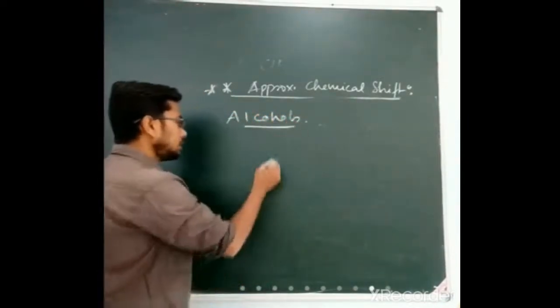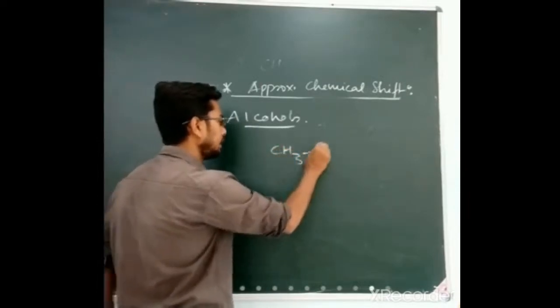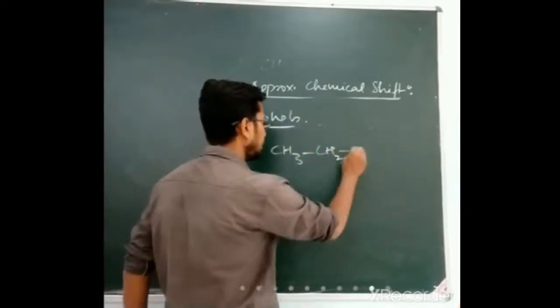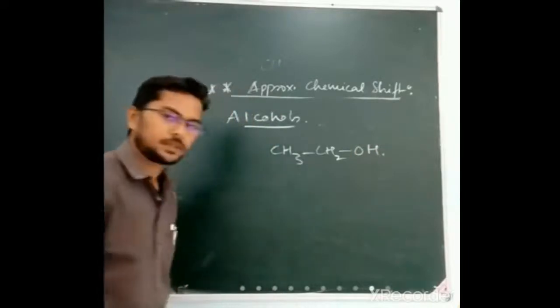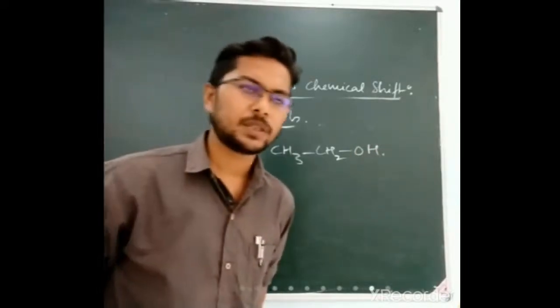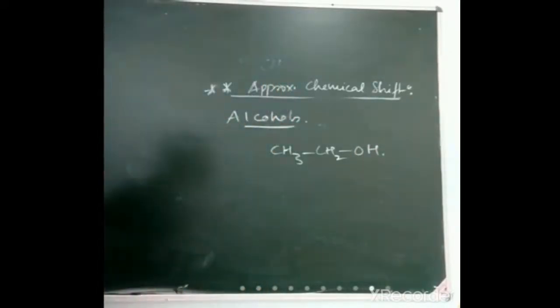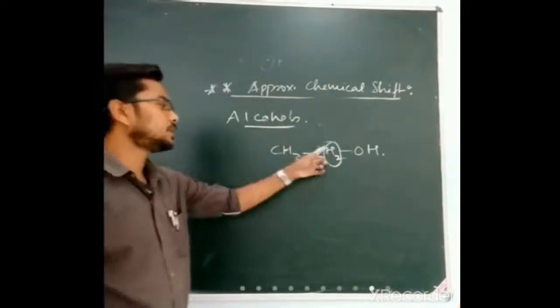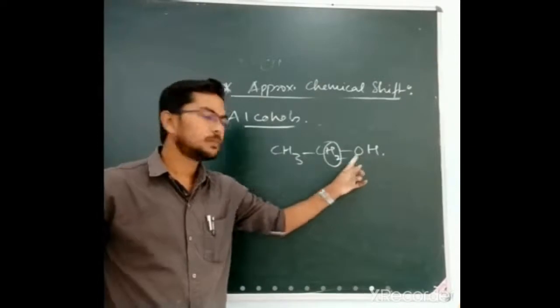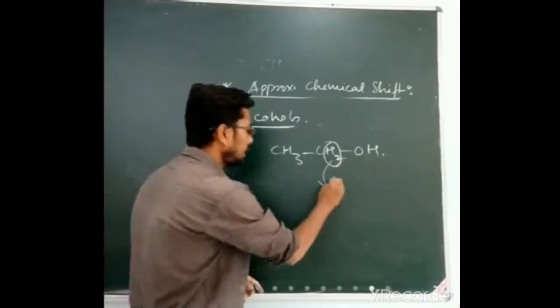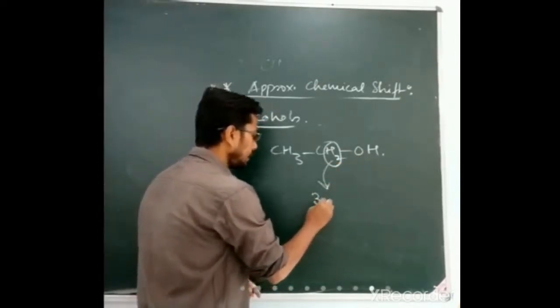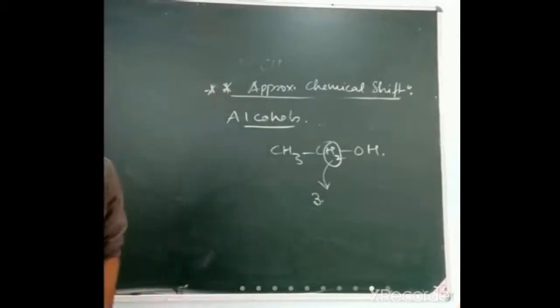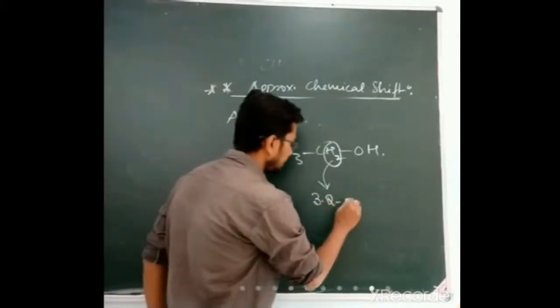So alcohols, they are CH3, CH2, OH. The hydrogens on the carbon which is directly bonded to the oxygen atom fall in the region 3.2 to 3.8.